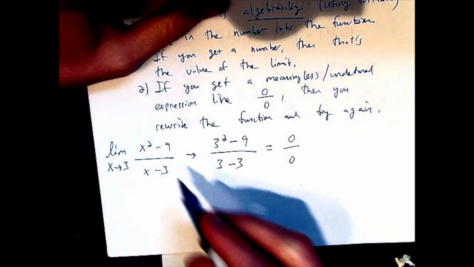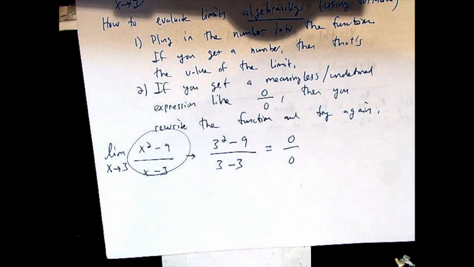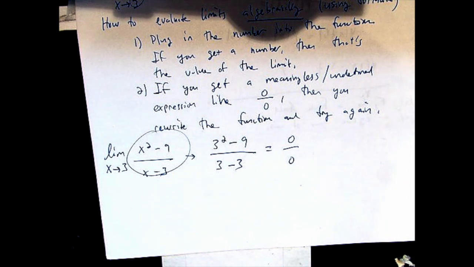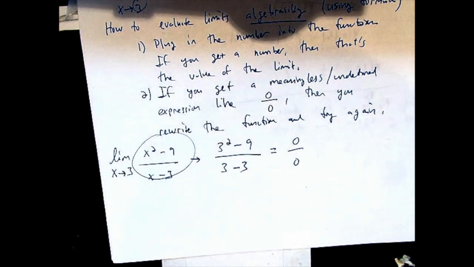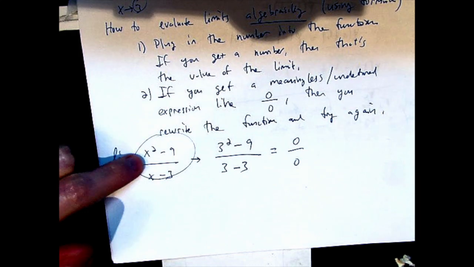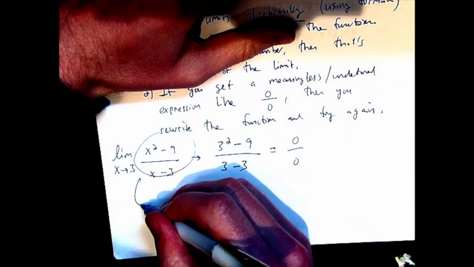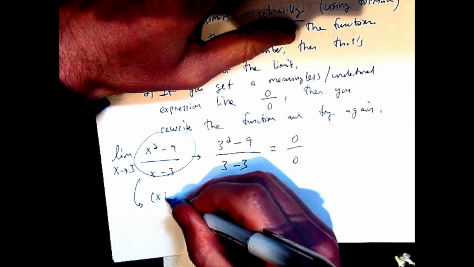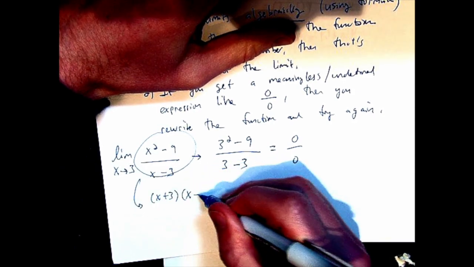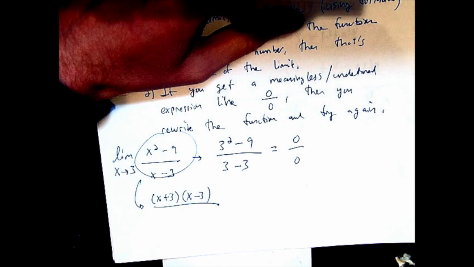So let's go back to our function, the x squared minus 9 over x minus 3, and see if we can rewrite this somehow. Hopefully, you recognize that in the numerator, you can factor, right? X squared minus 9 is a difference of two squares. That can be factored. So we can rewrite that function as x plus 3 times x minus 3. That's how it factors.